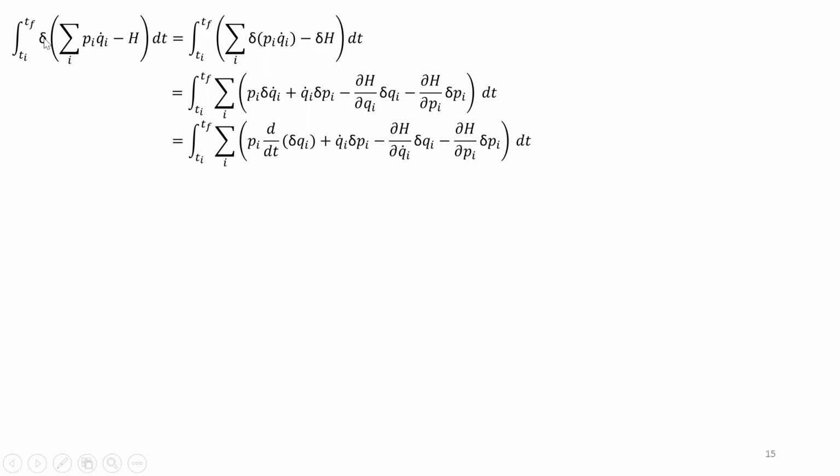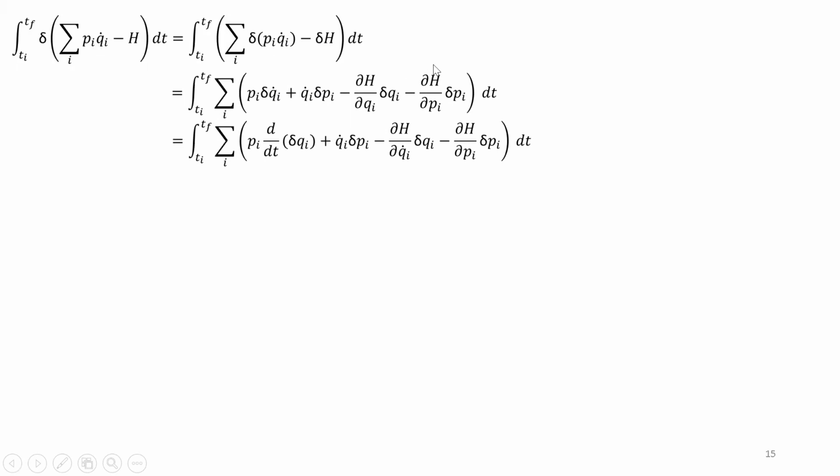The operation for this delta notation basically follows the total differential. You can see that I put the delta on the two terms individually, and then I use the product rule to give me these two terms. Because H depends on p and q, I have these two terms coming out.